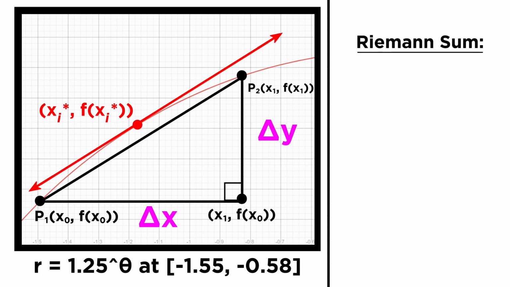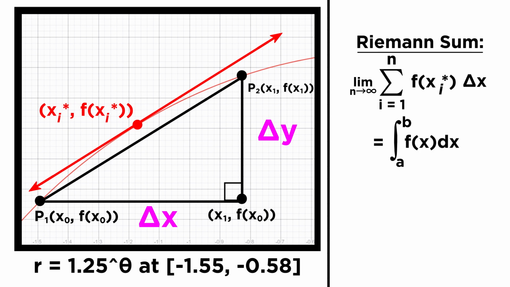We now have a Riemann sum of the form of the limit as n approaches infinity of the sum of f of x sub i star times delta x as i goes from 1 to infinity. This Riemann sum is equal to the definite integral from a to b of f of x dx.